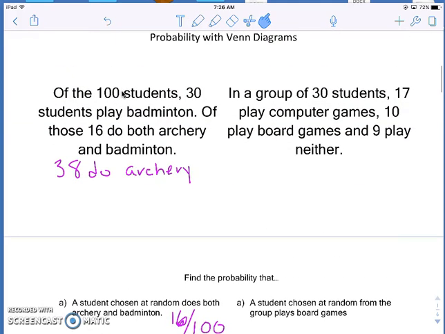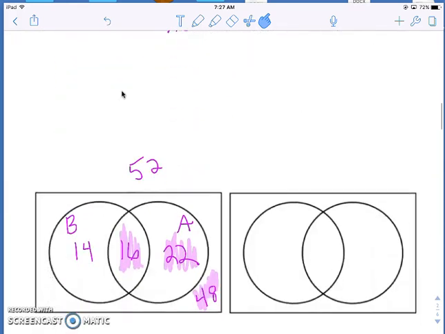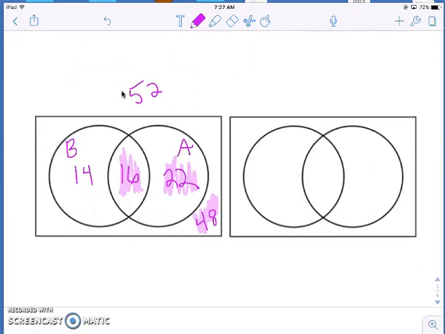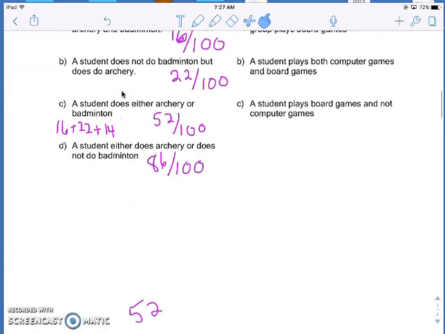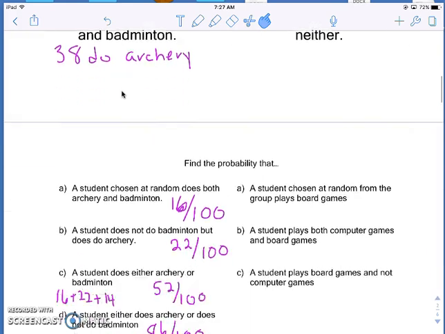So our next one we're going to look at, in a group of 30 students, 17 play computer games, 10 play board games, and 9 play neither. So when you look at this, we don't have that middle number yet. So let's say this is X. We don't know how many play both, but how many play computer games was 17.